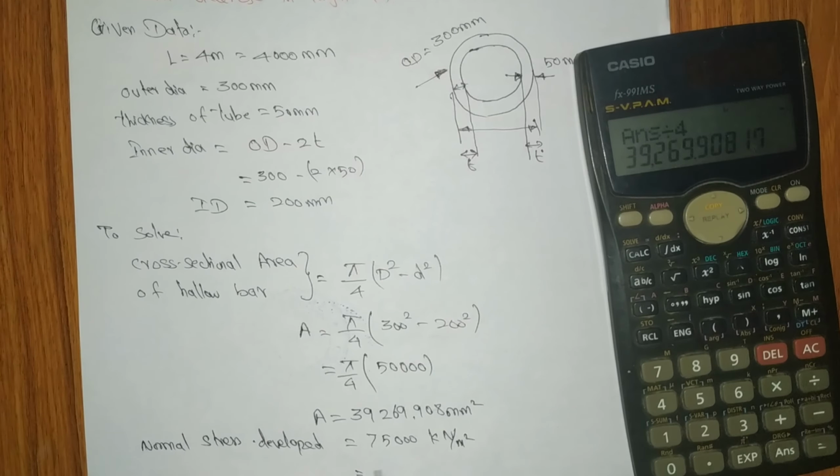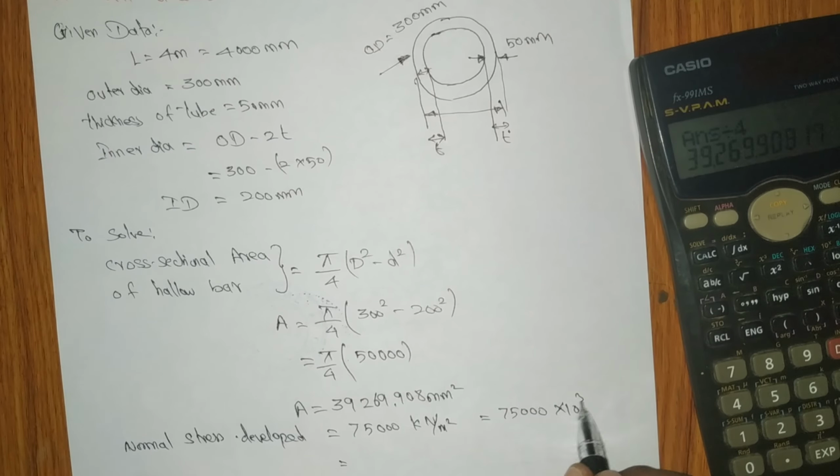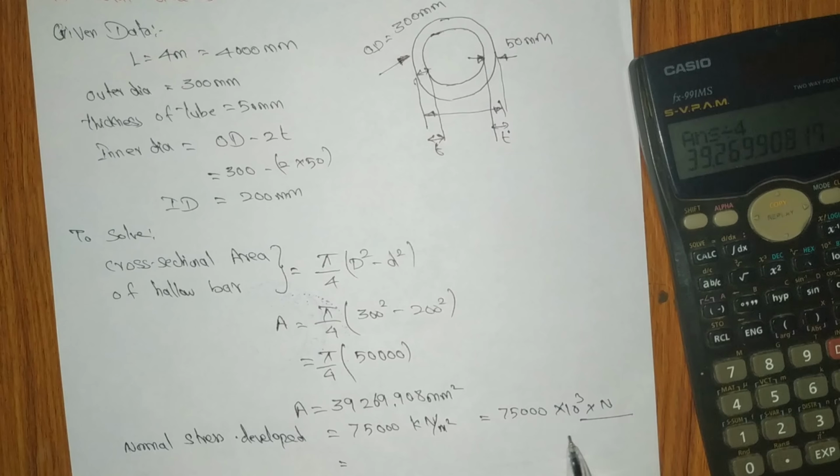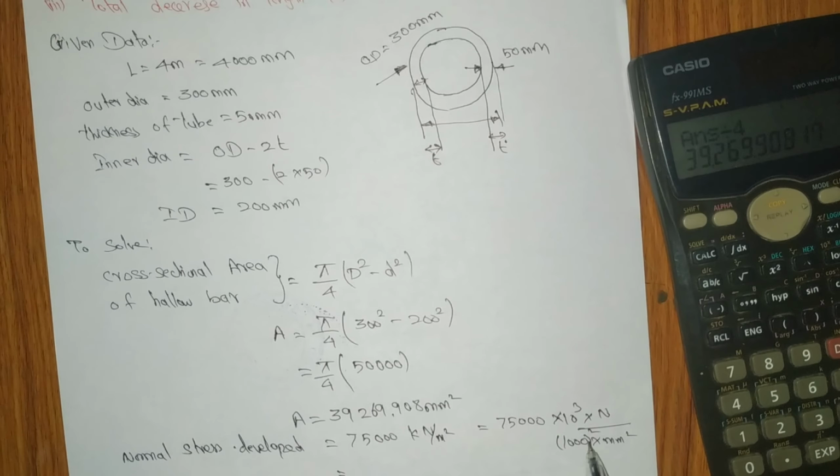We go with 75,000 into 10 to the power of 3, kilo into 10 to the power of 3 Newton, divided by meter changed into mm, so we multiply with 1000 mm, the whole square. Why? Because mm into whole square, so this is 10 to the power of 6.